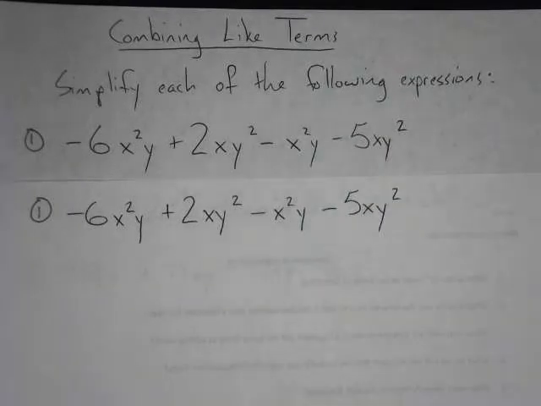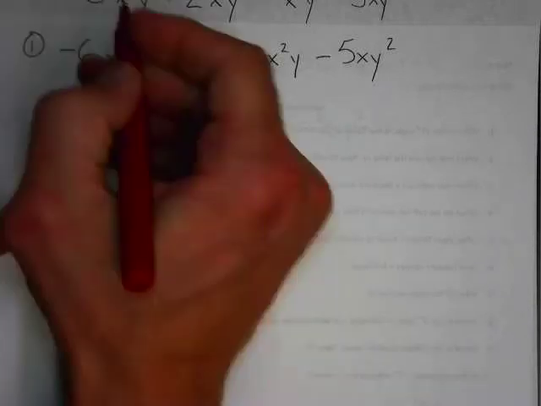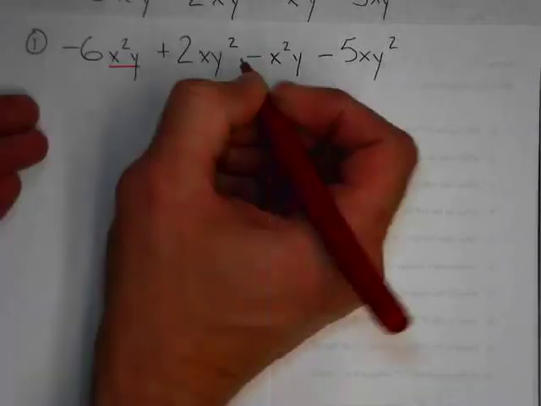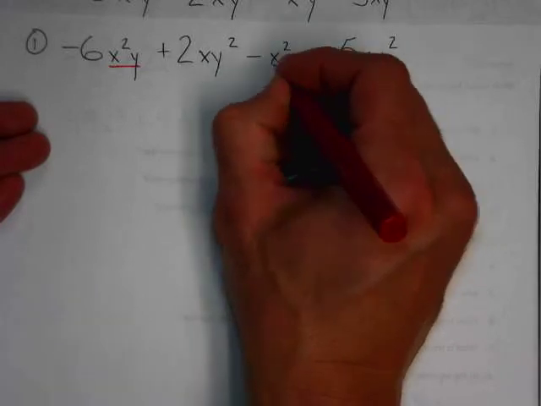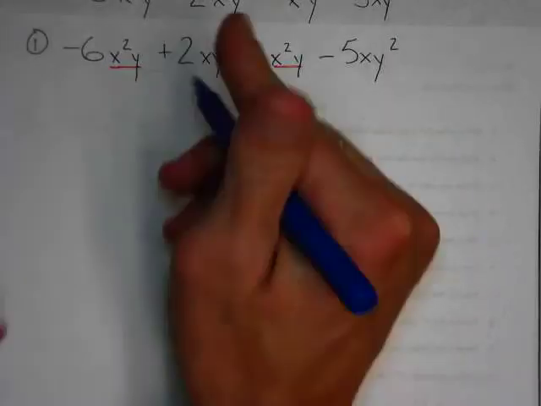So when we read that thinking in units of measurement, hopefully you heard yourself identify basically two different units of measure. We have x squared y's, and we have xy squareds.